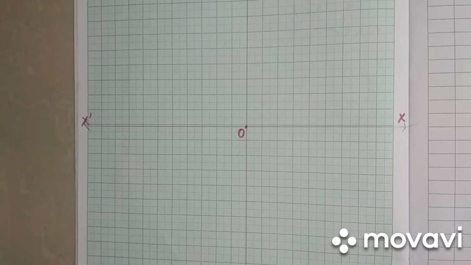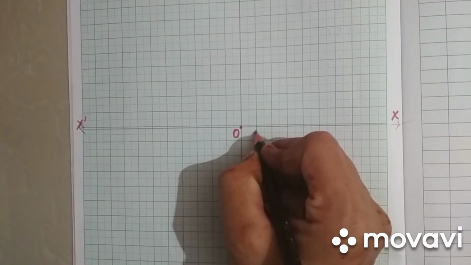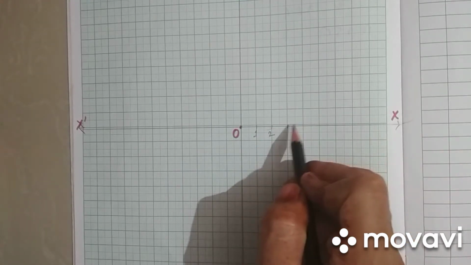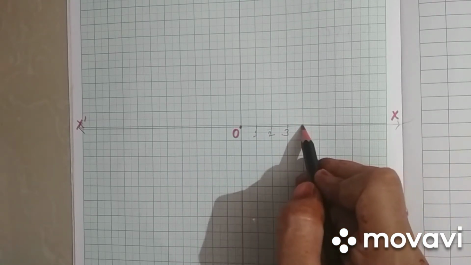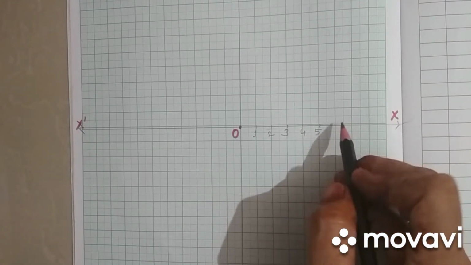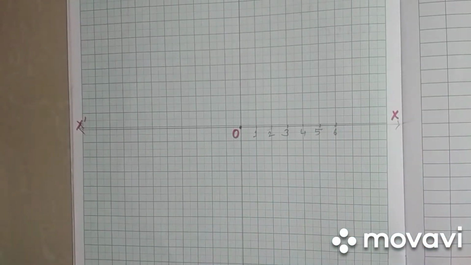Now, I will write the numbers as we write on the number line: 1, 2, 3, 4, 5, 6 and so on.